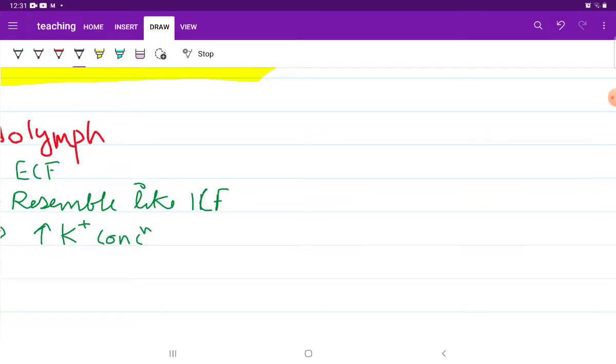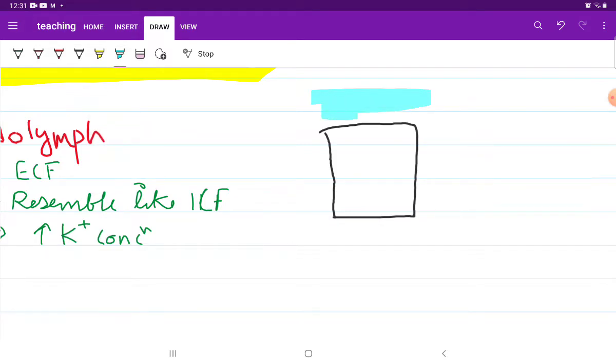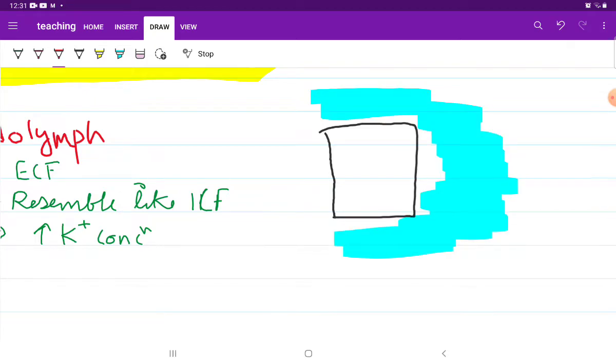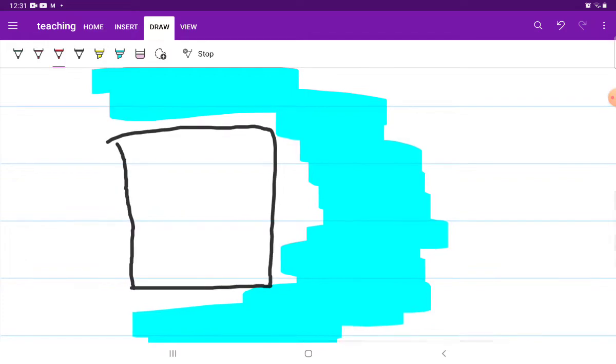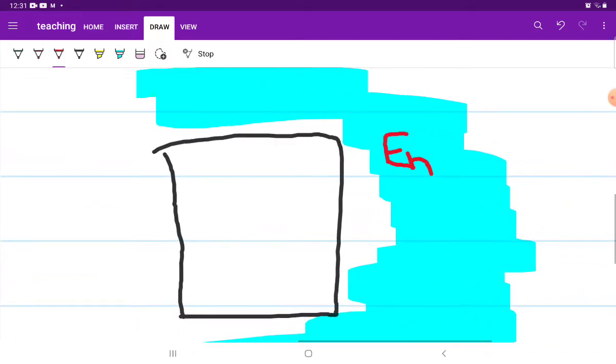So let's draw. Suppose this is a nerve cell and this fluid surrounding it, in this particular case, is endolymph.